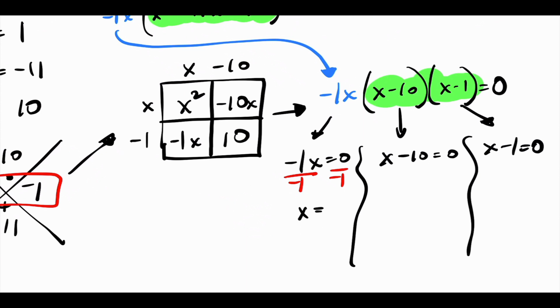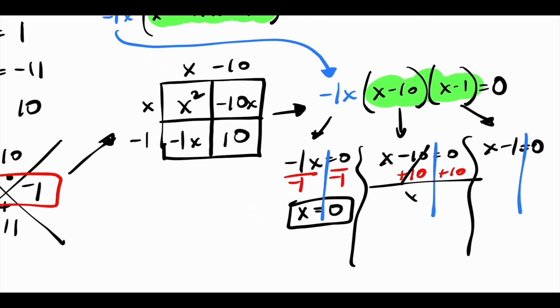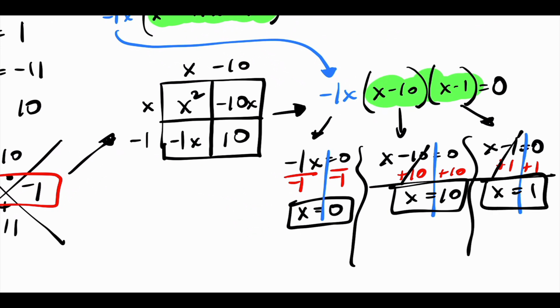Zero divided by -1 is 0. Add 10 to both sides. X equals +10. X equals +1.